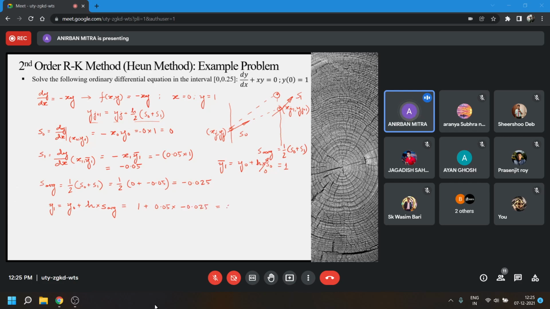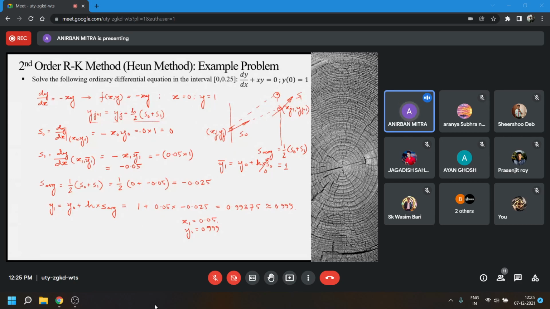We get a value of 0.99875. We can approximate it as 0.999. So this is the end of the first step. And the solution that we have obtained at this step is x1 is 0.05, y1 is 0.999 approximately.